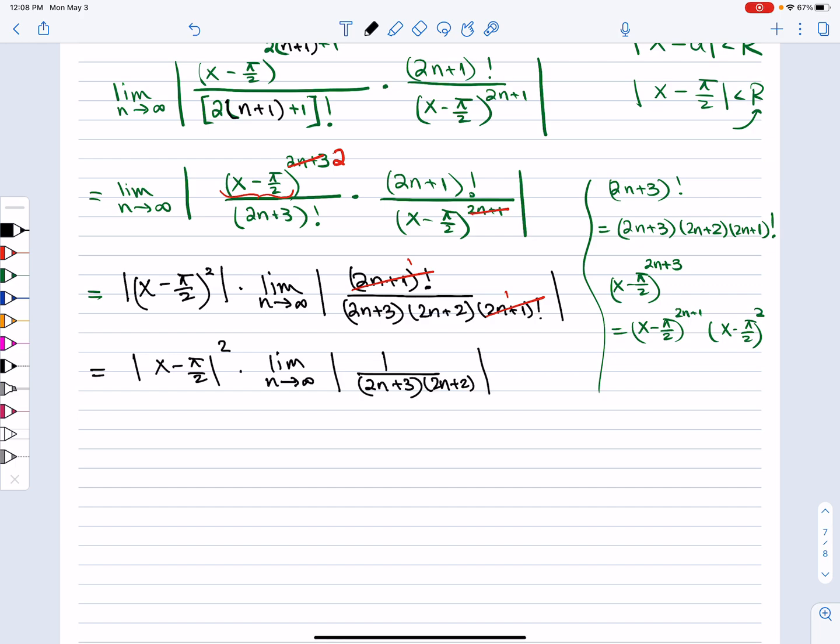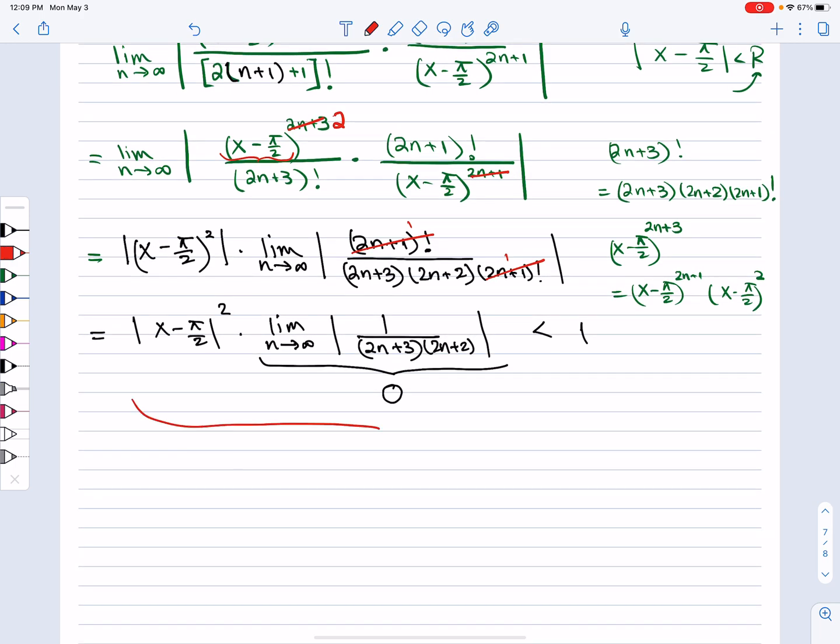Now, remember, the ratio test tells us that the series will converge whenever the limit is less than 1. Well, what is this limit here? This limit will always be equal to 0. So that means the limit will always be 0, and 0 is less than 1.